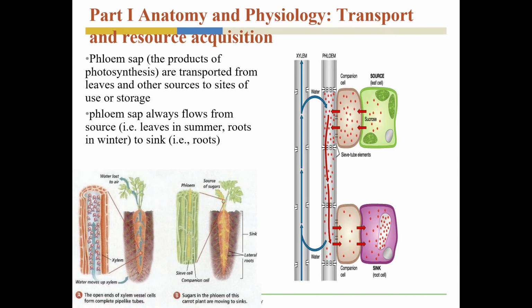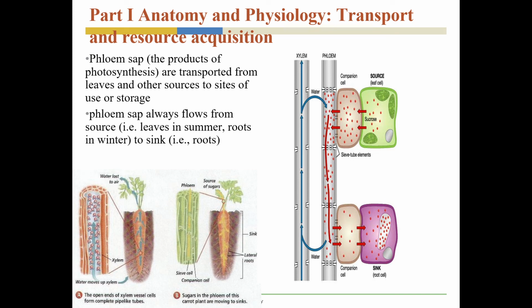As far as phloem sap, as kind of briefly introduced, with phloem, what has to happen is during photosynthesis you have these sugars that are made and other nutrients, other molecules, and they need to be taken throughout the plant. So the phloem sap transports these materials to wherever it's needed.